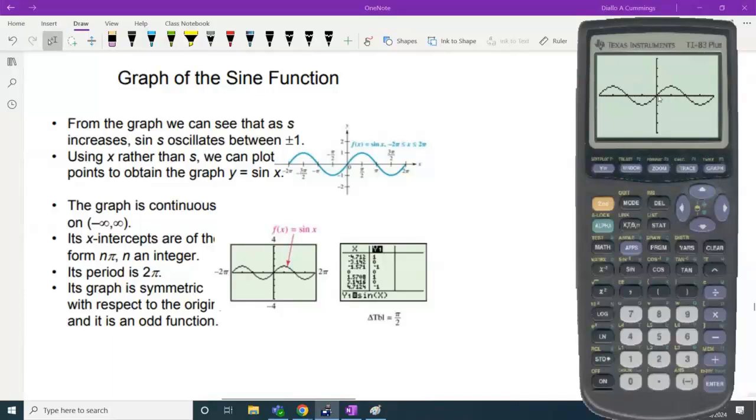Okay. So once I have it in radian mode, notice that my x-axis actually has these scales. It has 0, pi over 2, pi, 3 pi over 2, and 2 pi. Now, if you're seeing something other than what I'm seeing here, I can go into zoom, and if I scroll down to number 7, it says Z trig.